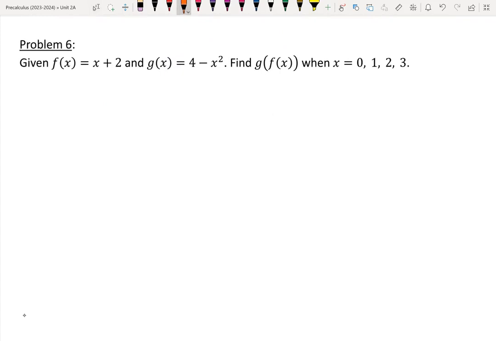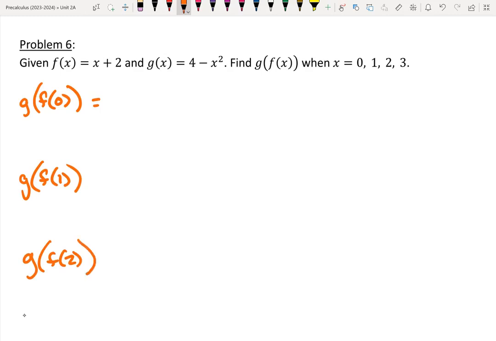This means you're going to find g of f of 0. Then you're going to find g of f of 1, g of f of 2, and so forth. Why don't we start with just 0 and 1? Let's get those ones done. So what is g of f of 0? g of f of 1. If you finish those, you can try the other ones.